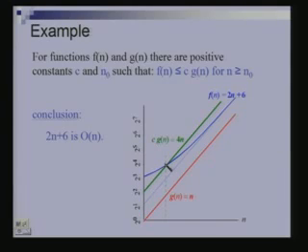At what point does 4n become larger than 2n plus 6? 3. So your n naught becomes 3 here. And then we say that f of n, which is 2n plus 6, is big O of g of n. Not big O of 4n, but big O of n. So 2n plus 6 is big O of n.